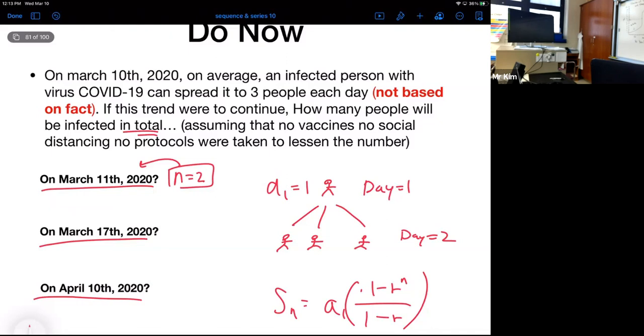Or wait, why is it 40? How many days in March? Just 30. Right. So that's 31 days after that, the n should be 32 for this, because that's n is equal to 1, and this n is 31 days after that, so it should be n is equal to 32.